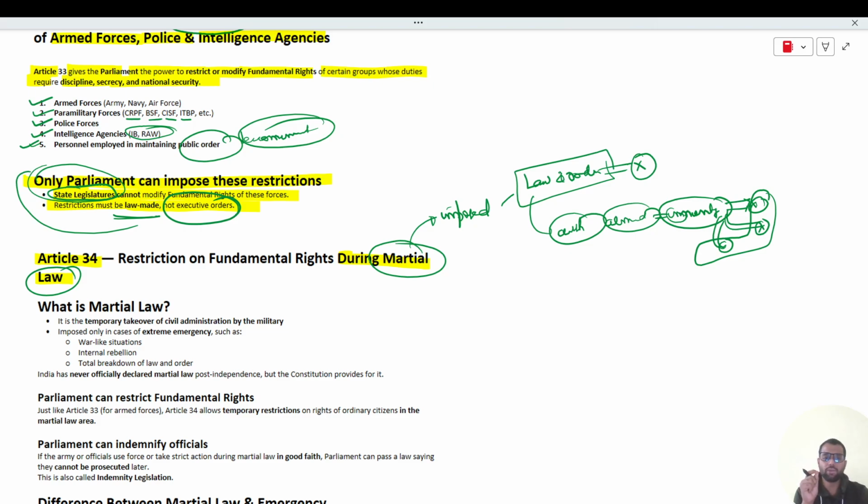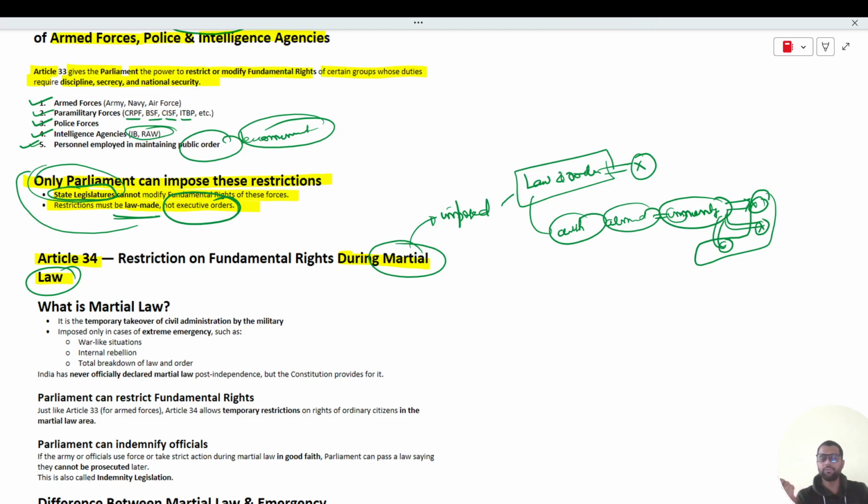When there is an extreme breakdown of law and order, the armed forces, that is the army, temporarily take over the civil administration just to restore law and order. So Article 34 ensures legal protection and clarity during such extraordinary circumstances. This is the main purpose. Article 34 says that yes, there can be restrictions on the fundamental rights of citizens whenever martial law is enforced.